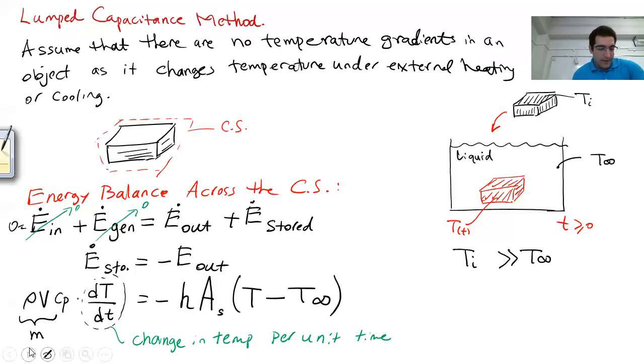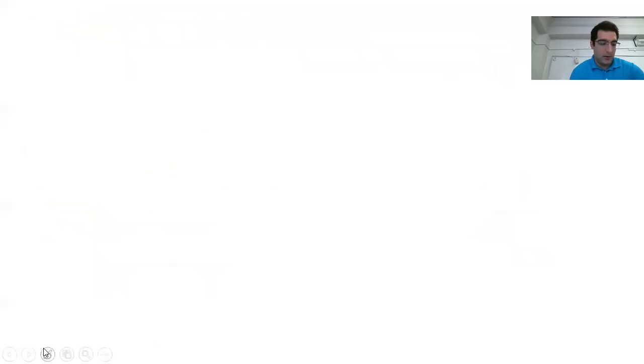Now, to solve this, I'm going to define a theta, as we did in the past. I'm going to define a new temperature variable, theta, equal to the temperature of the object at any time, T minus T infinity.